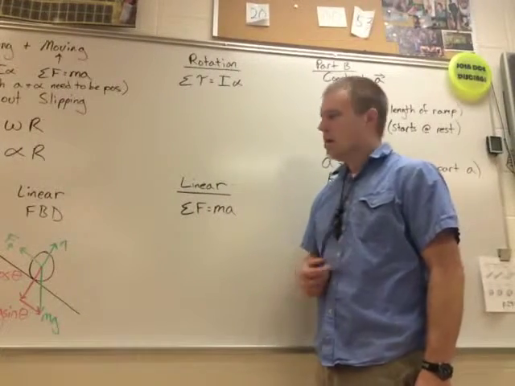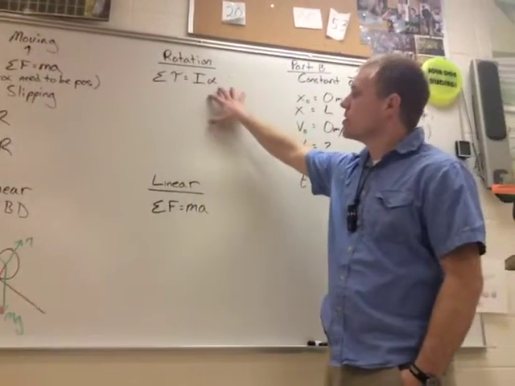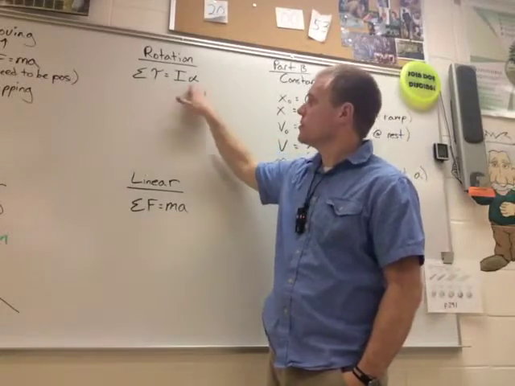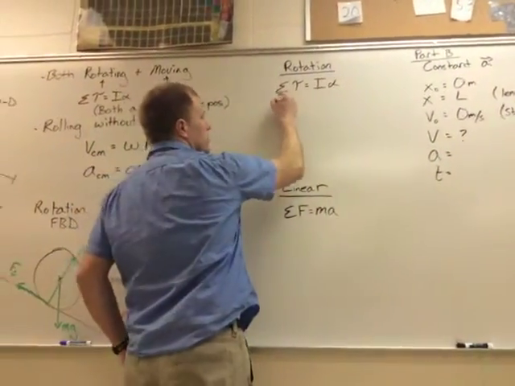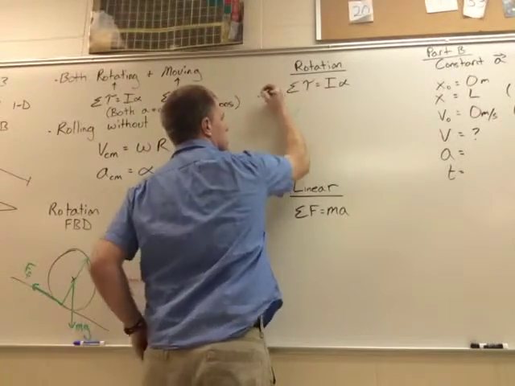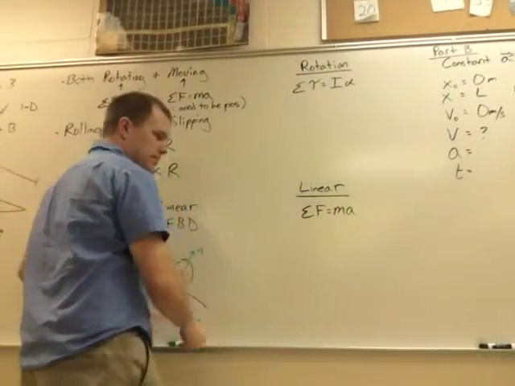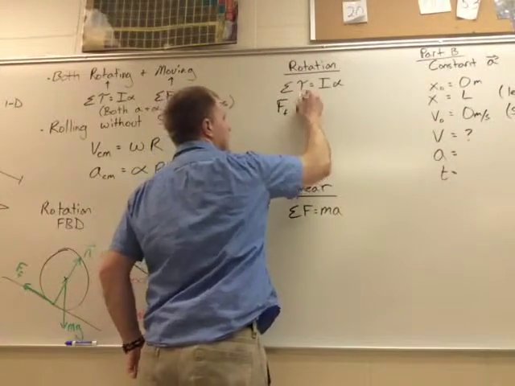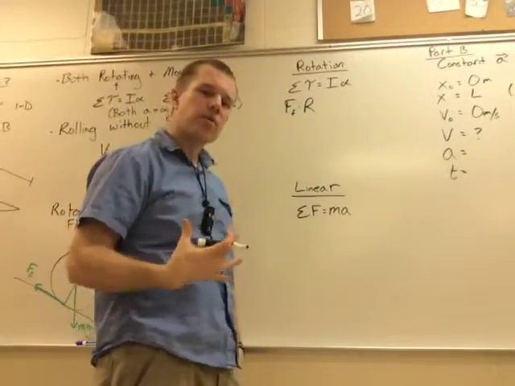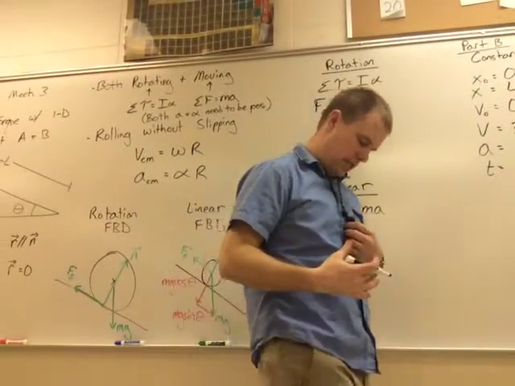Okay, so now we're going to set it up. Here's our rotation problem. We're going to sum up the torques and set it equal to I alpha. I do have that force of friction acting at the radius.